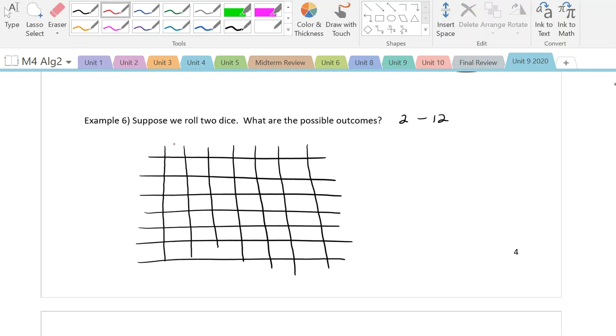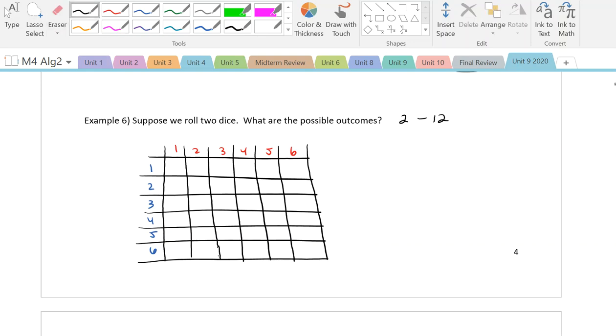So we have a red die, 1, 2, 3, 4, 5, and 6. I have a blue die, 1, 2, 3, 4, 5, and 6. Alright.